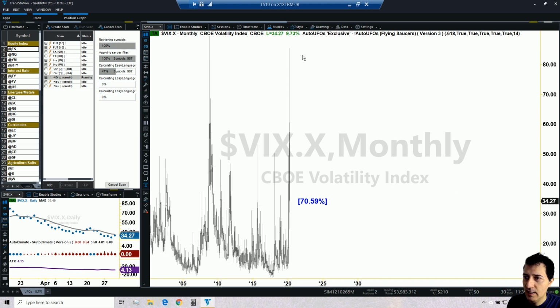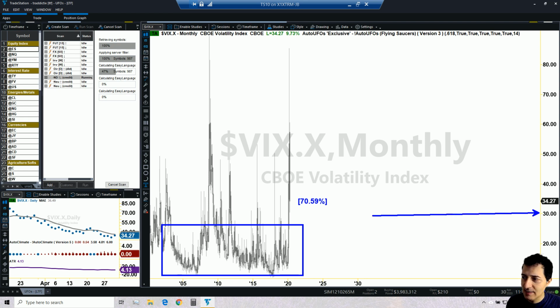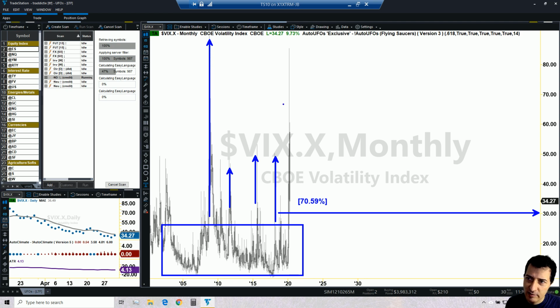if you think about where the VIX was for years and years and years, it doesn't surpass 30, only when crazy things happen, right? You get peaks, and when it's really crazy, like 2008, it goes to 90, and in this COVID-19 crisis we've reached levels of 80 plus.